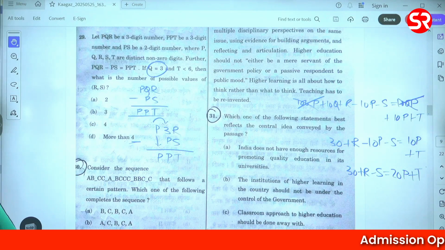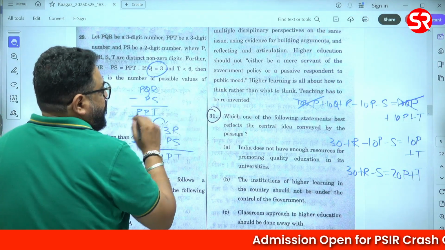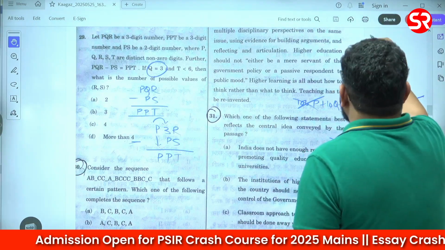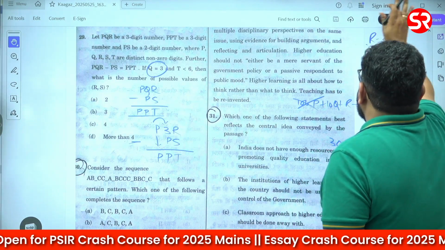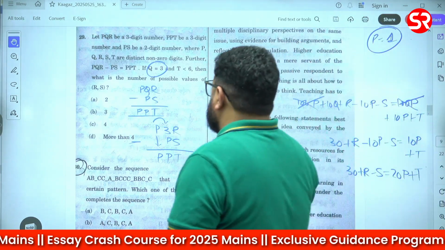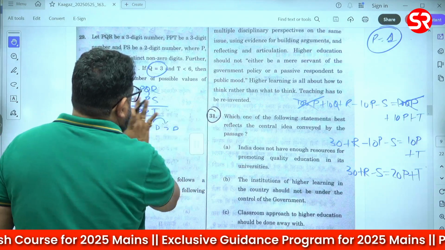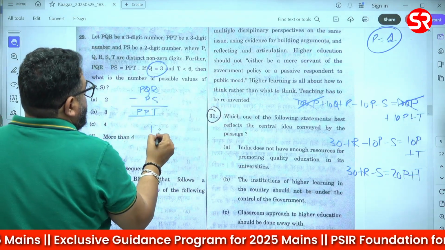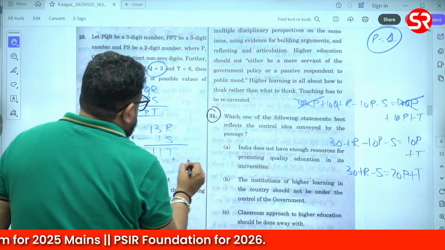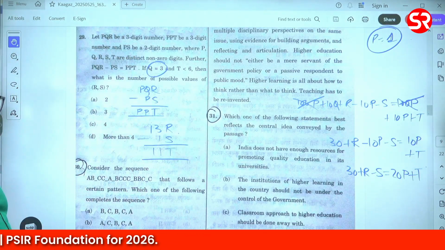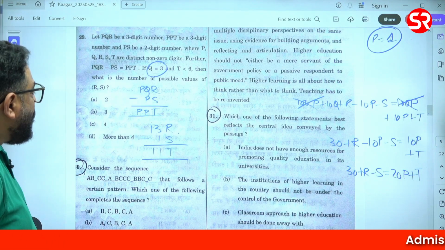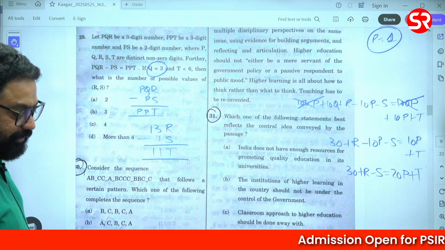In that context what I get, देखो यार मेरा जो आया है वो आया है, P is equal to 1. And once we get P is equal to 1, then देखो 13R minus S is equal to 11T. राइट। अब R और S की कौन सी वैल्यूज इसको सेटिस्फाई कर रही है?